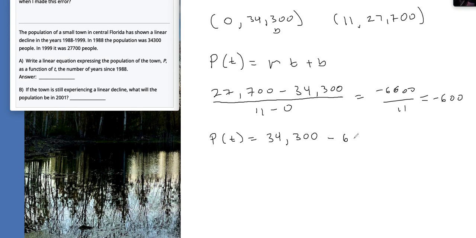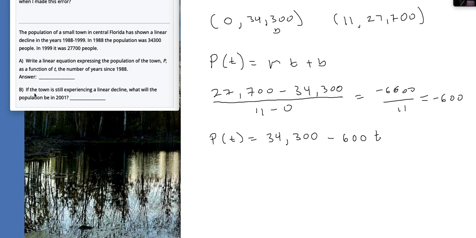So I can think of that as minus 600 and then times t. So at t equals 0, this is 0, and that's the population. T equals 1, which would be, our original was 88, so that would be 1989. Then it would be 600 less than that. In the second year, it would be 1,200 less than that. So this just takes 600 off of this number for each year you put in here.